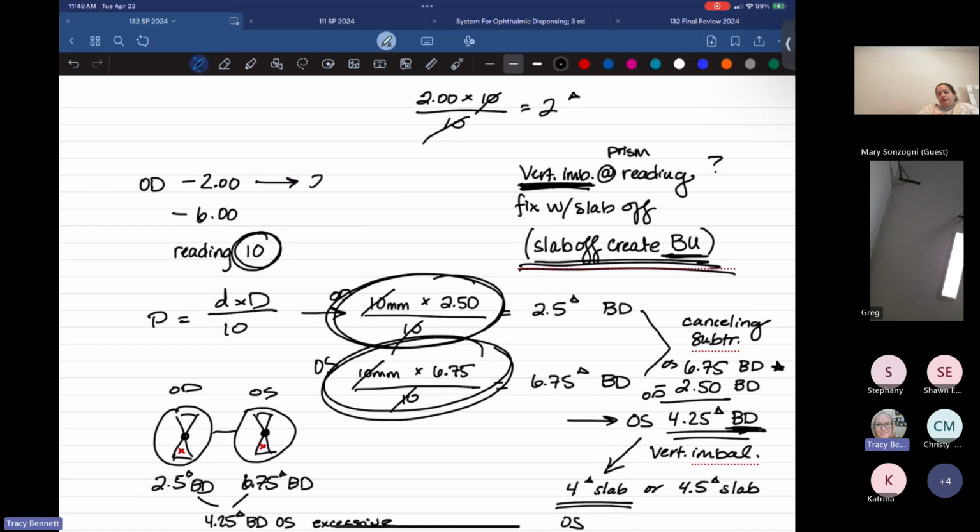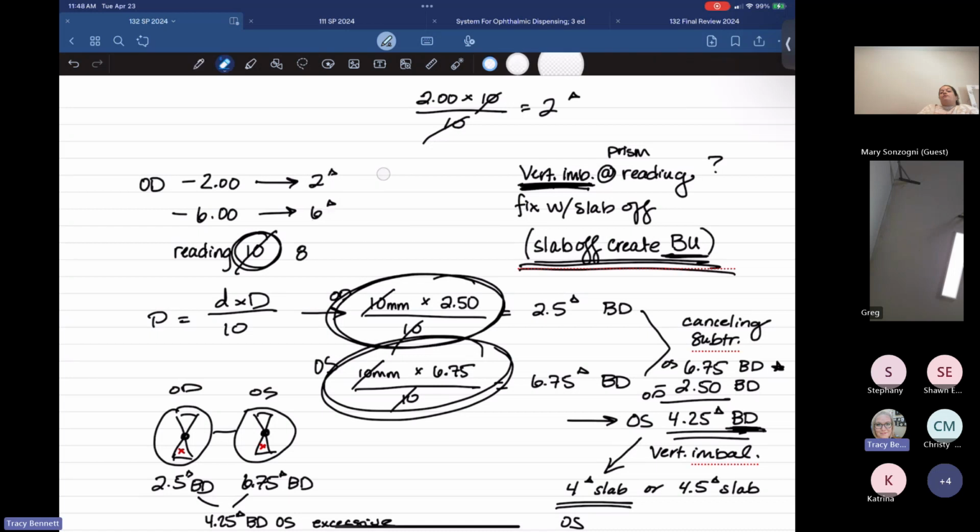So you could just go right to that. Whatever the power of the lens is going to be the prismatic effect of the lens. It's just a shortcut. Now, once this changes, if this is 8, then no, that doesn't work. Then you have to do it: 2 times 8 divided by 10, and we end up with 1.6.